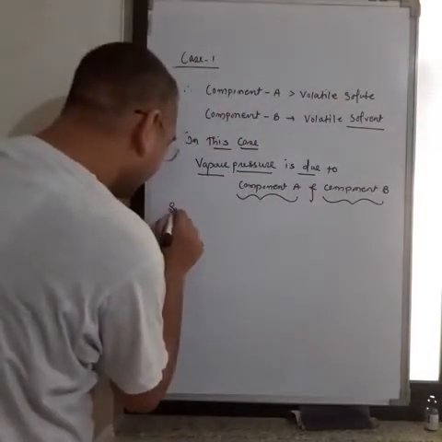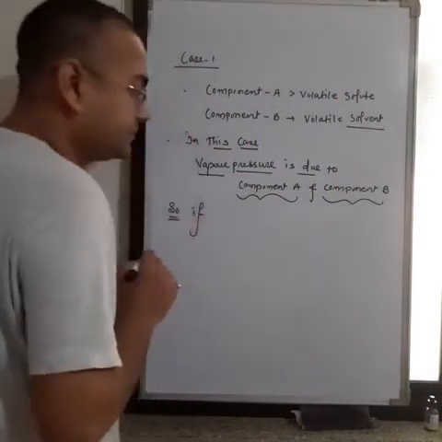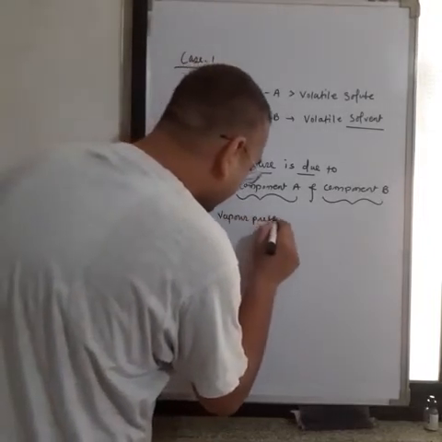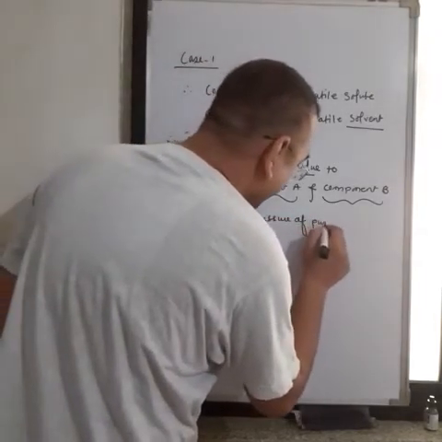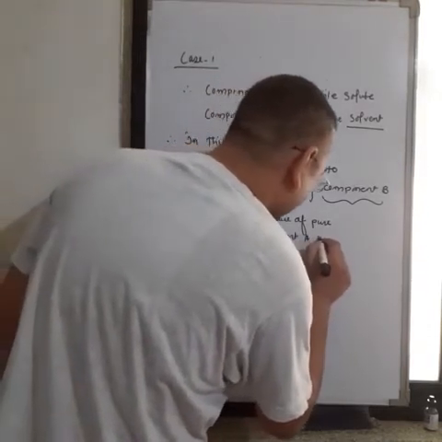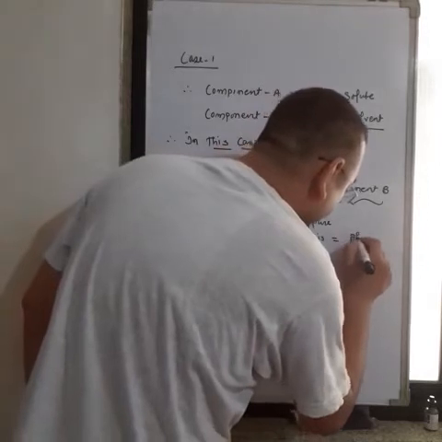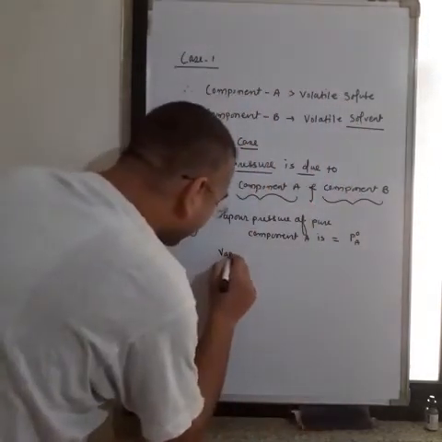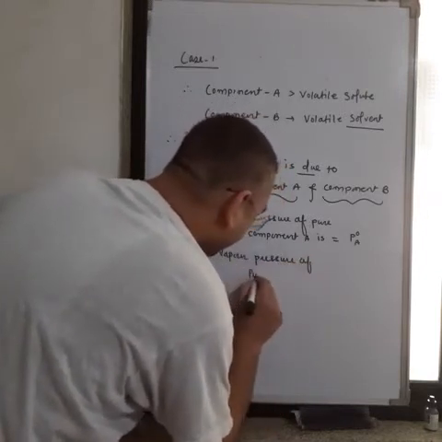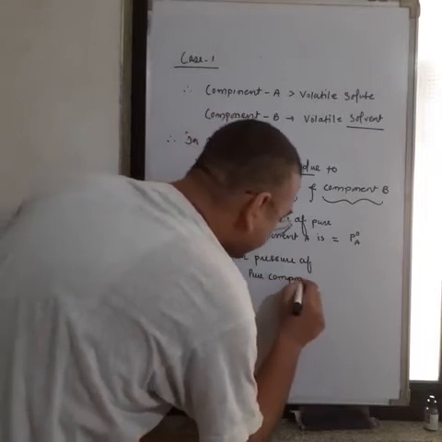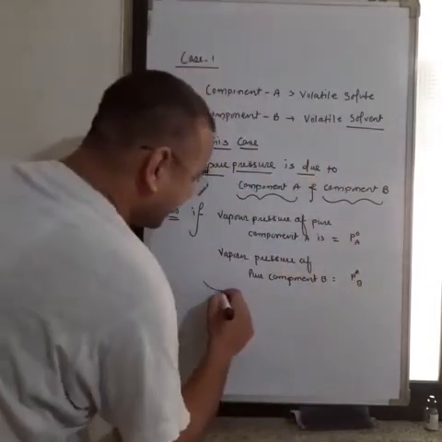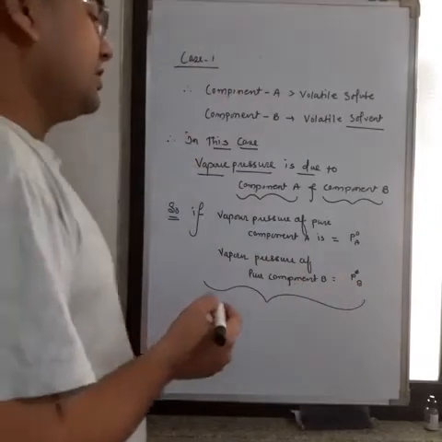So if the vapor pressure of pure component A is P naught A, and the vapor pressure of pure component B is P naught B, these two denotations we are going to use.